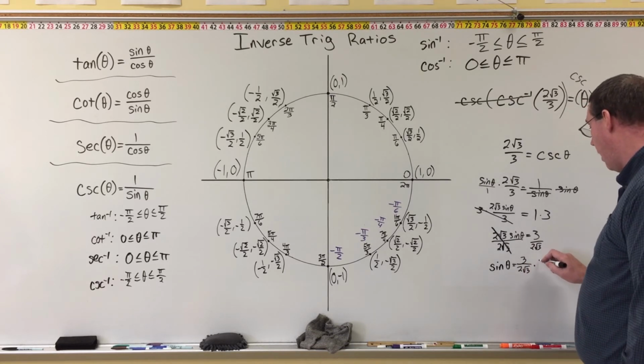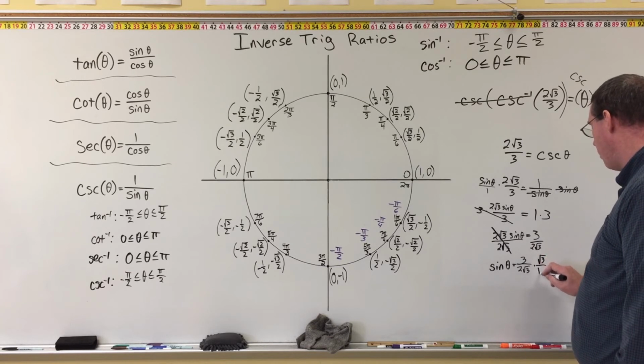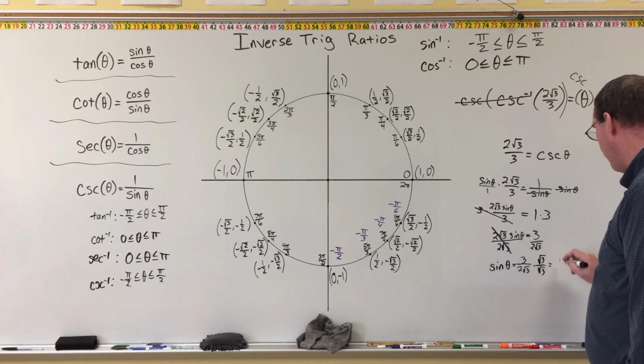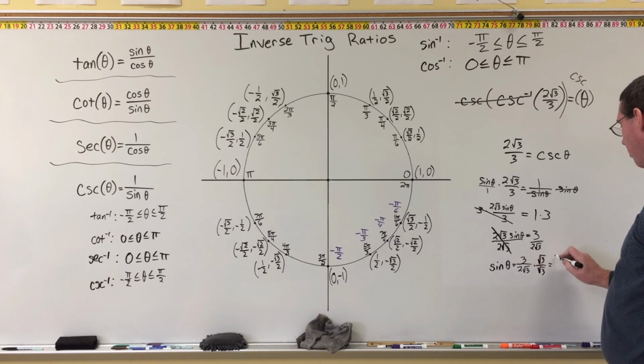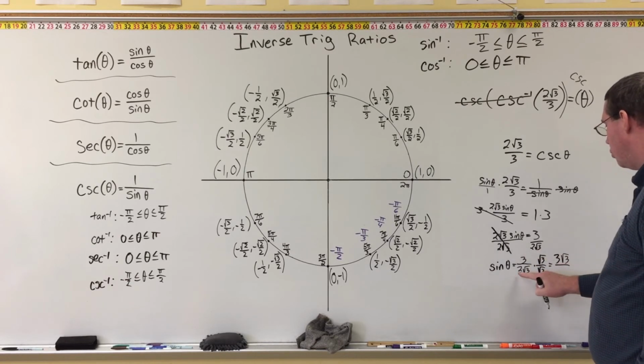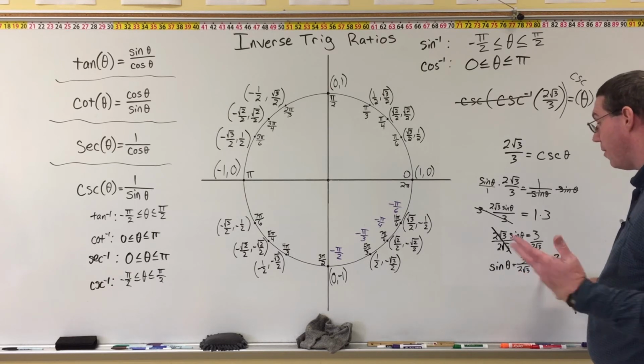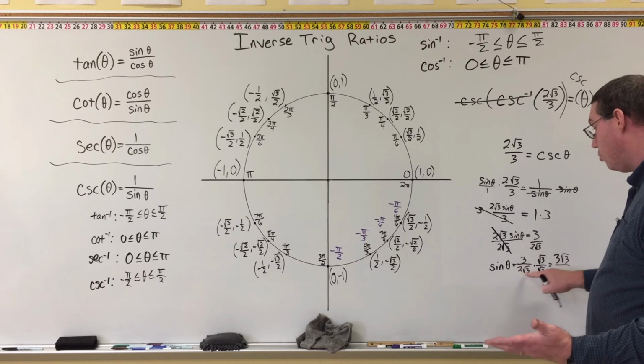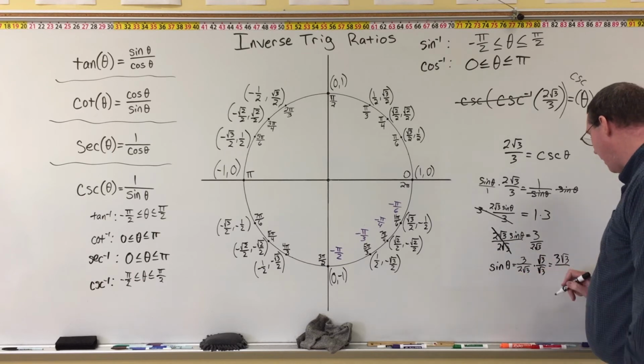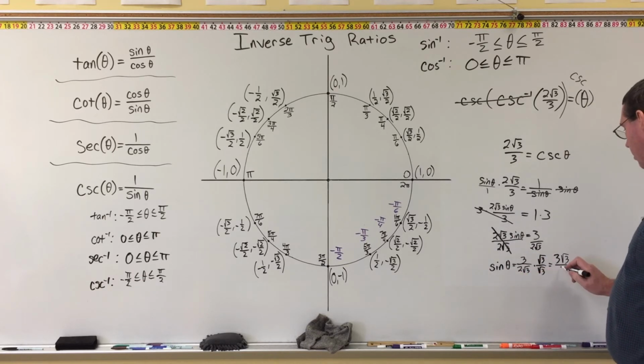So we've got to multiply by the square root of 3 over the square root of 3. And so that's going to give us 3 times the square root of 3 is 3 square root of 3. 2 square root of 3 times square root of 3. Well, this square root of 3 times this square root of 3 is going to be 3. But I'm not going to do 2 times 3 is 6. I mean, I can, I guess, but let's go ahead and do 6.